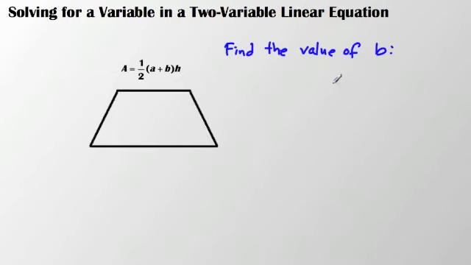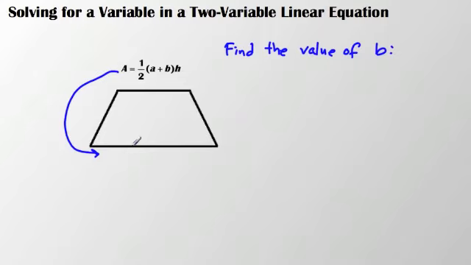Now, what I could do is just plug in numbers and then use a little bit of algebra and solve for b. But another thing I could do is do that work ahead of time and rewrite the equation so that I have b by itself.